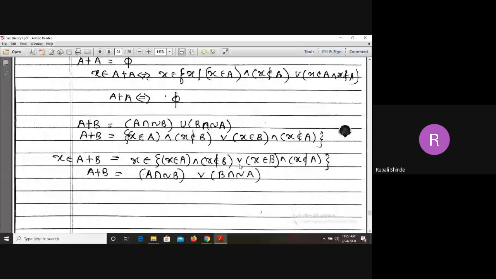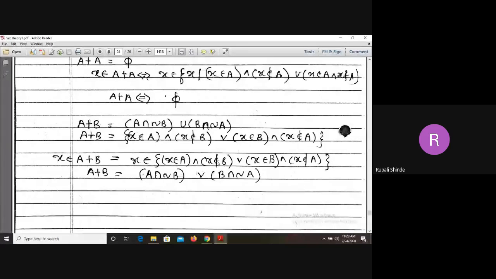Or the second one, B minus A. What is the meaning of B minus A? Elements that are present in B but not in A. That's why x belongs to B and x does not belong to A. Again, x belongs to A and x does not belong to B, which means A intersection negation B. Why did we take negation?